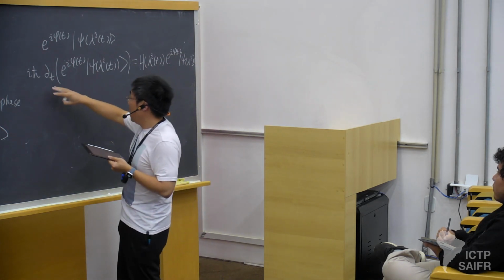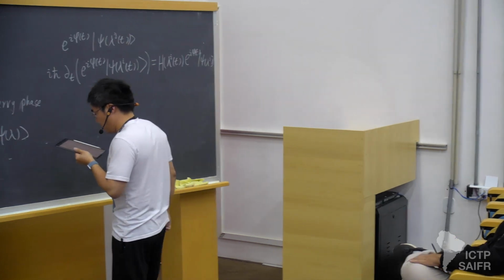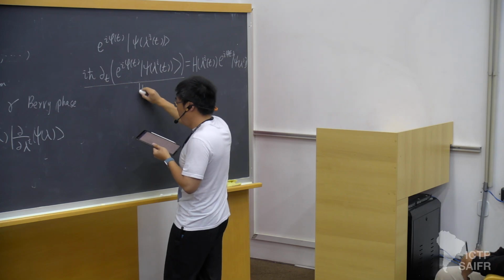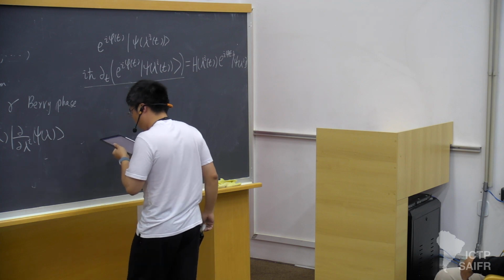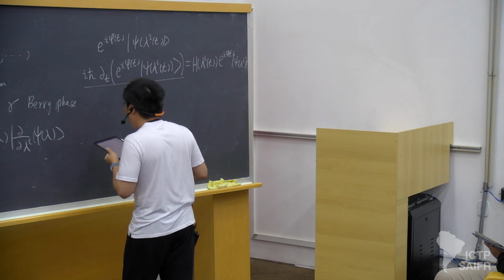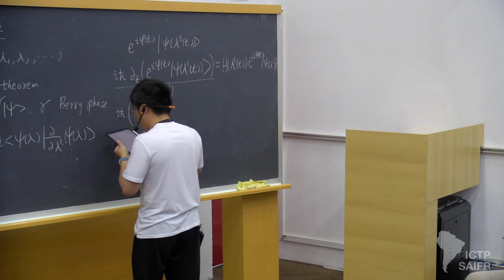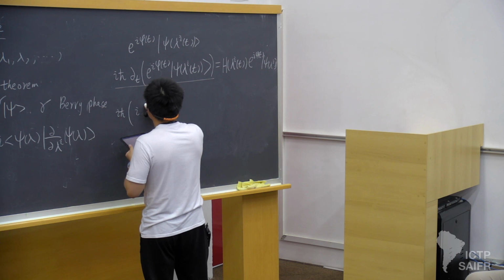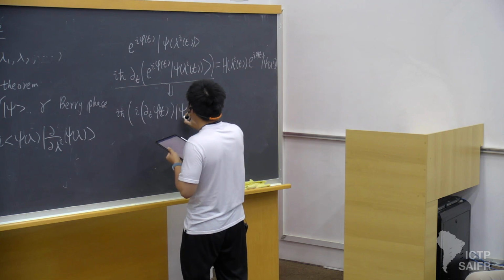Then you can expand the left-hand side, and you will end up with i h bar times i partial t phi t and my state.